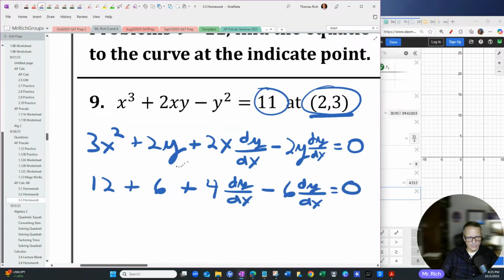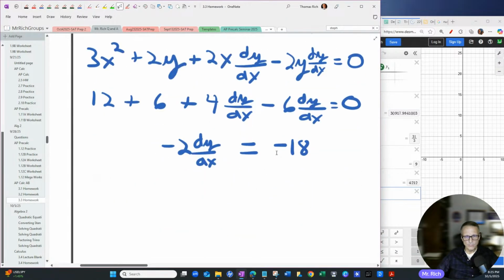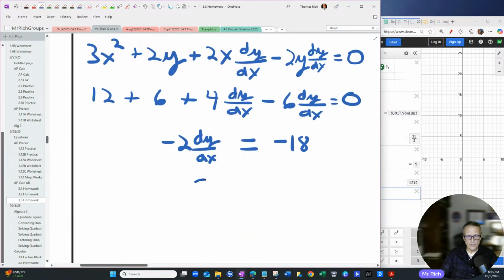Next, I'll combine like terms. I've got an 18 right here that I'm going to push to the other side and make a negative 18. These two terms give me a negative 2 dy/dx. And then I would be dividing both sides by negative 2 to get dy/dx is equal to a positive 9.